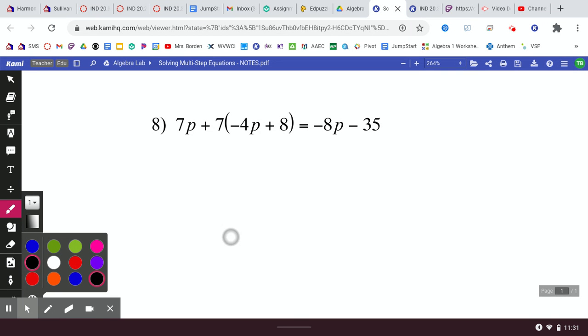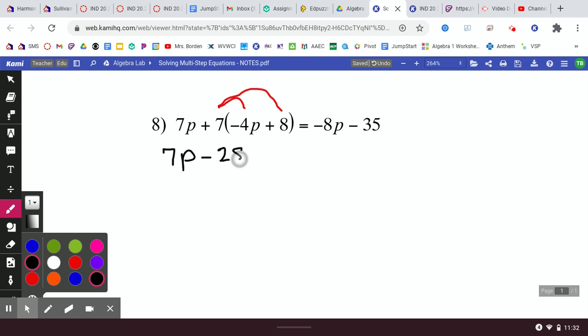All right. Bryce, what'd you do first? First thing I did was read the problem. Okay, and then what? And then I distributed the 7 to the -4p and the 8. Good. So I'm going to drop the 7p down. 7 times -4 is what? 28.